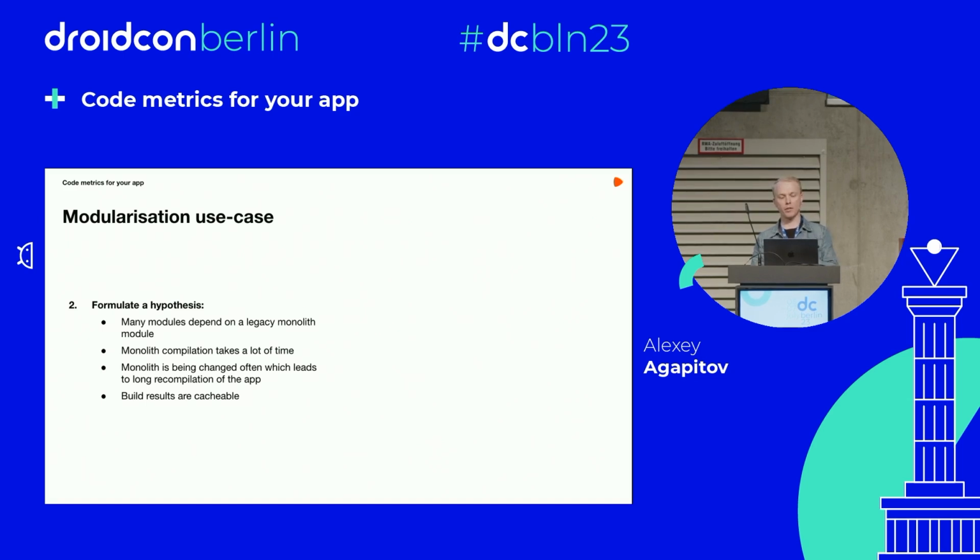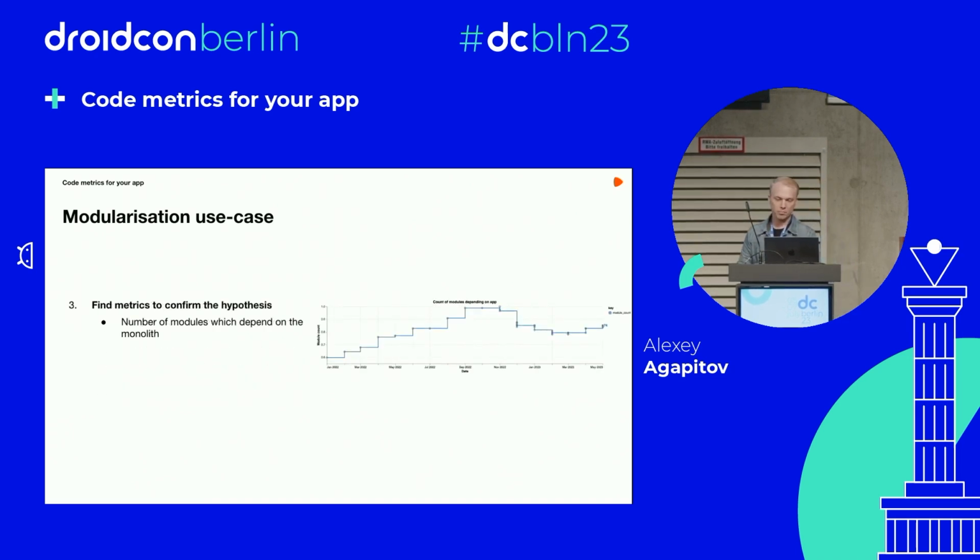If the build results are not cacheable, then the whole approach is not working. But this is also a good thing to verify. If we put in this effort and we see in the metrics that it doesn't bring any improvements, then something must be preventing it from making this impact, and it requires additional attention to investigate.